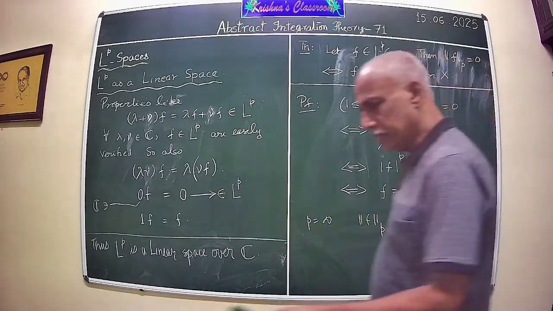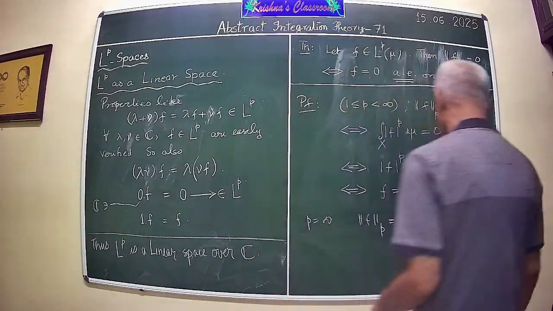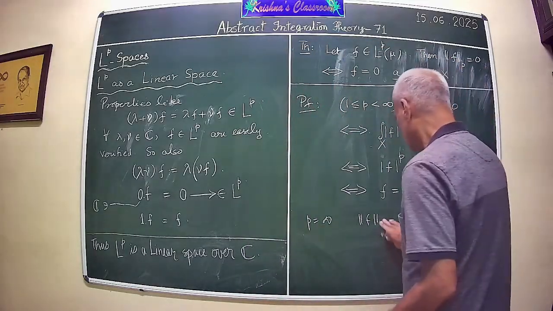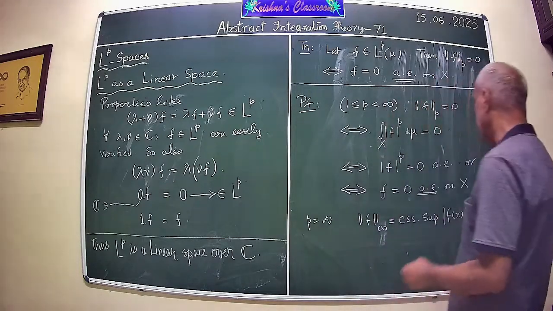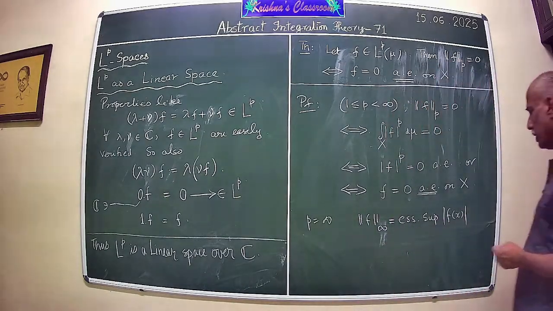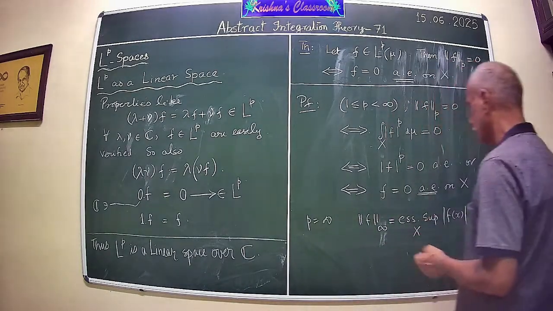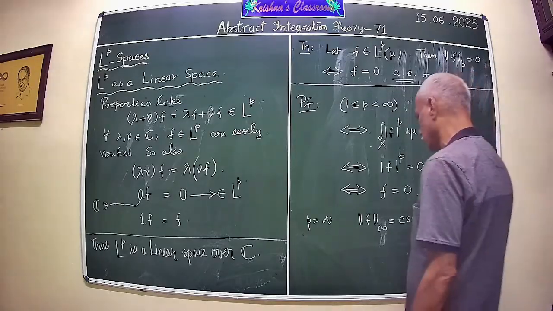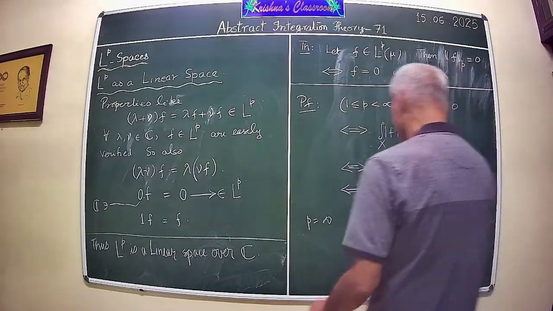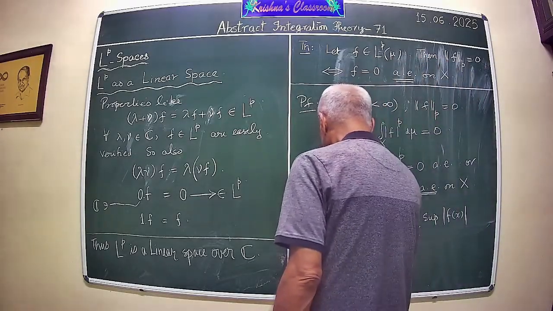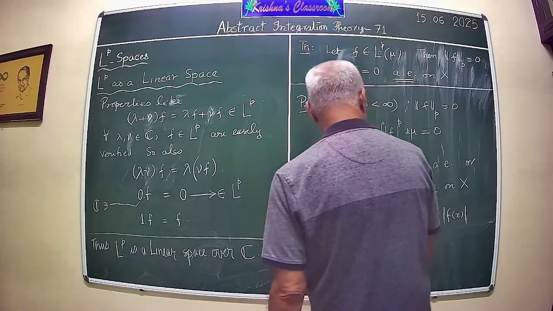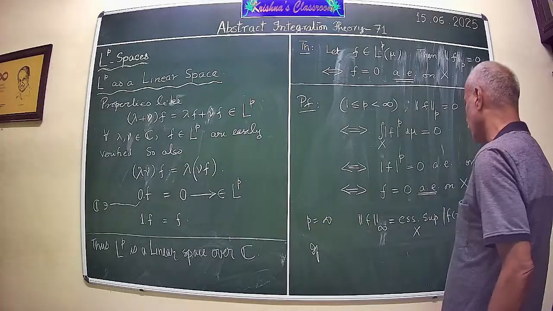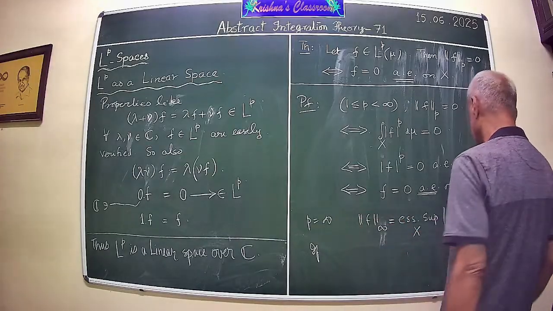What does this mean? This is equal to this over x, and if this is equal to 0, so if f is equal to 0, then f of x equal to 0 for every x, and naturally this is equal to 0.